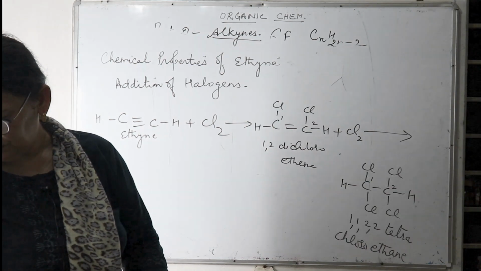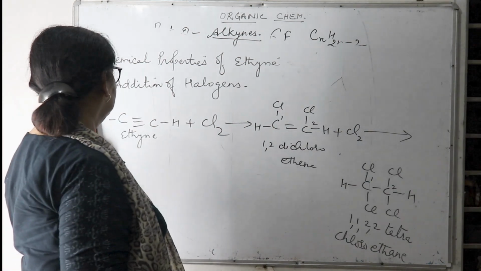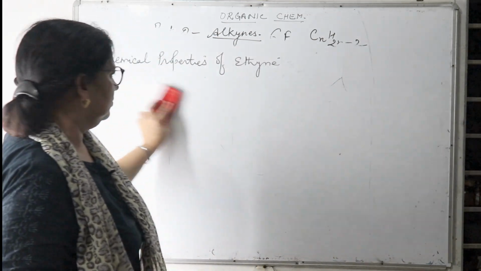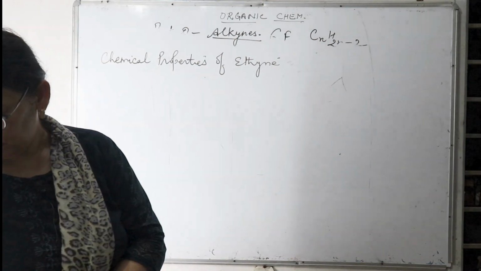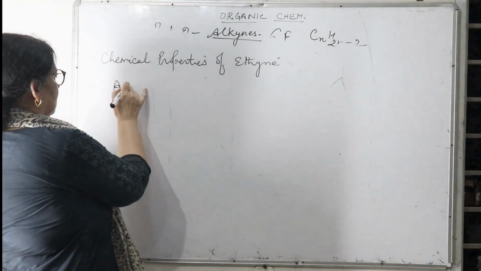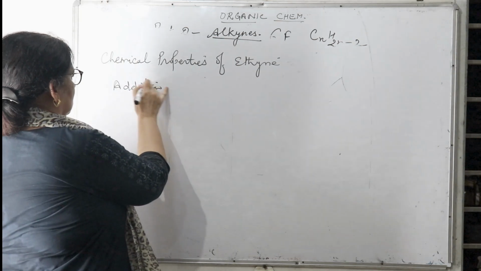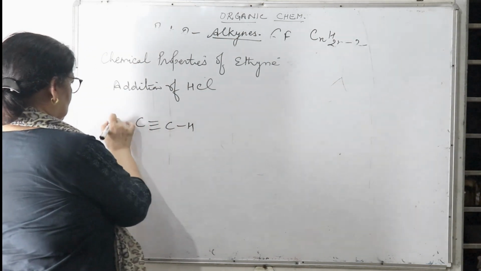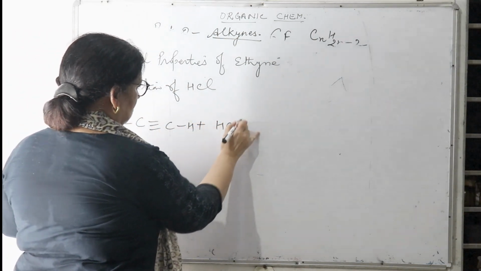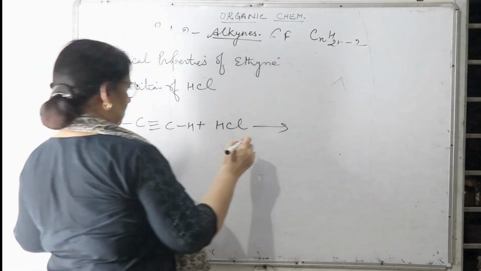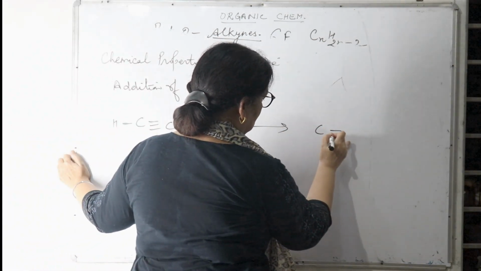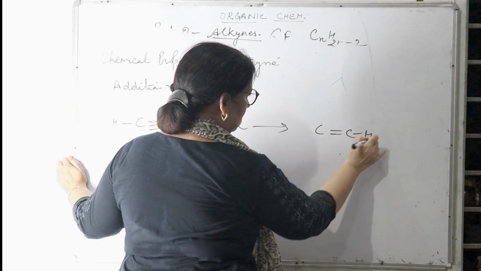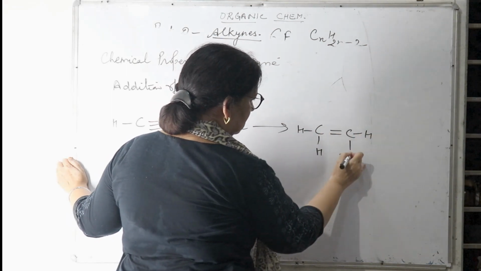Next is addition of HCl. Triple bond will first get converted into double, H is added and Cl here.